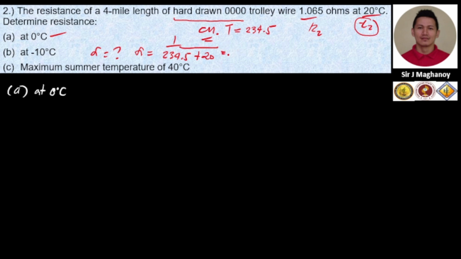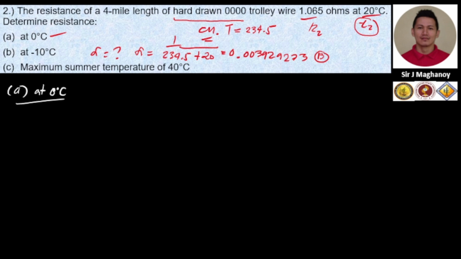Finally, our temperature coefficient is equal to 0.003929273. So that is our temperature coefficient. Let's save this to alpha B, our temperature coefficient, so we will not be writing it anymore.